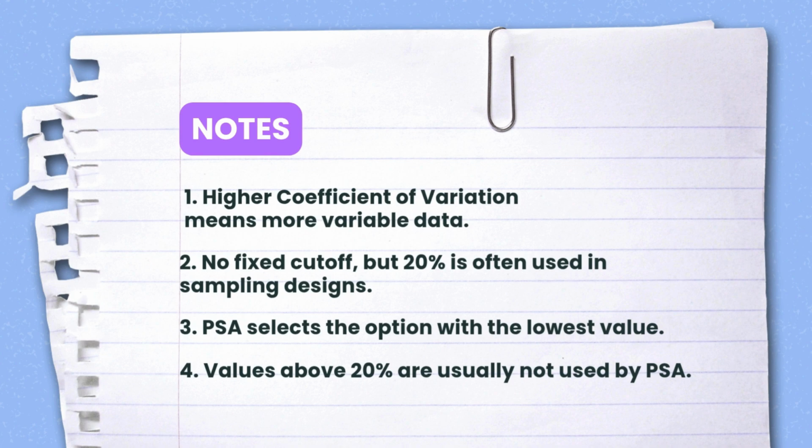Usually, if the CV is greater than 20%, then they opt not to use it. To summarize, in any data analysis, the most commonly used statistics to complement the measures of central tendency in describing our data are the following: range, standard deviation, and the coefficient of variation.